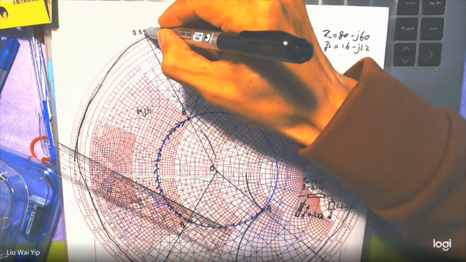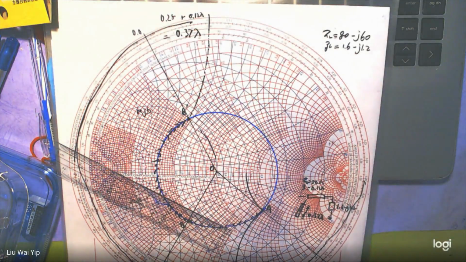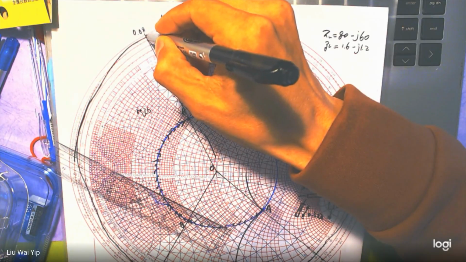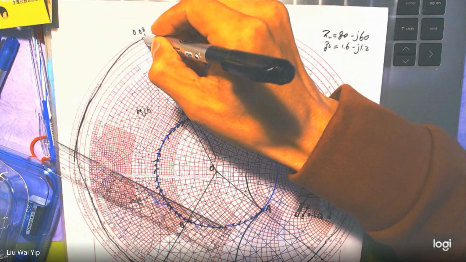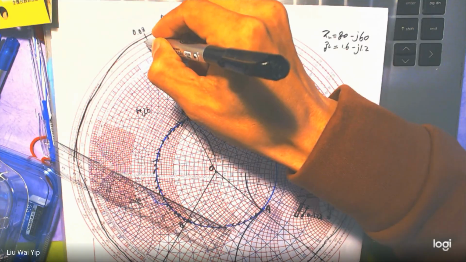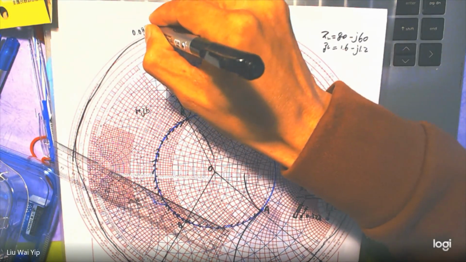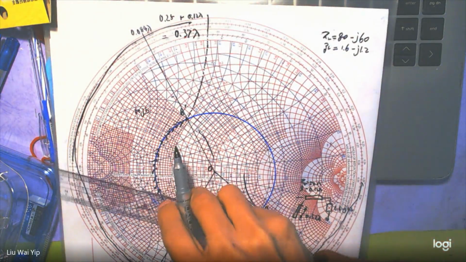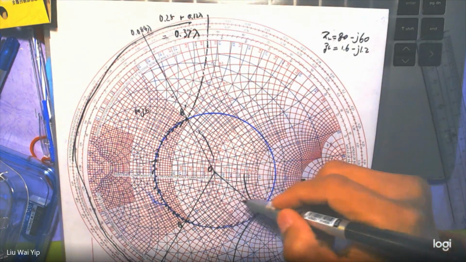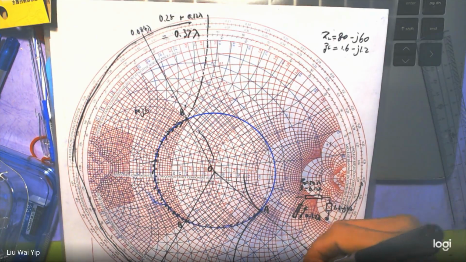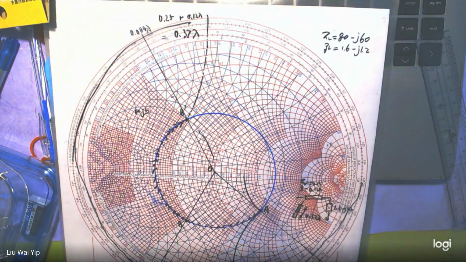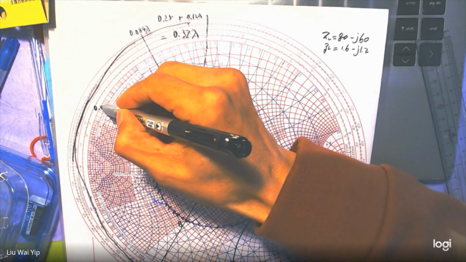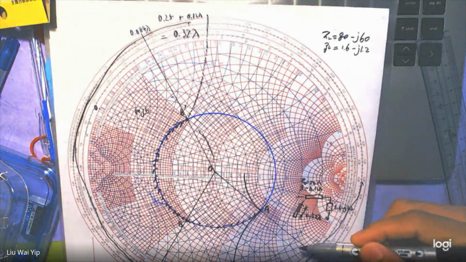From what I can get here, I have got 0.04 lambda. You are counting from this point until you reach here. Let me check.